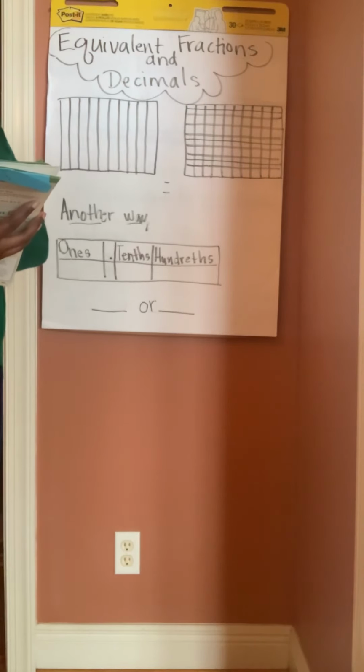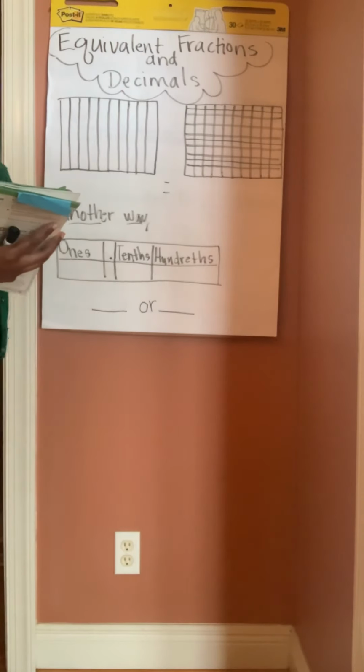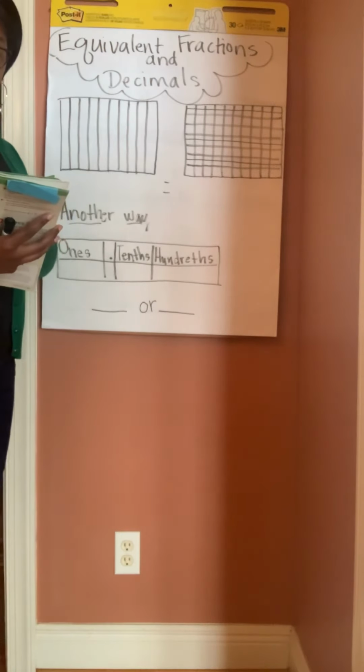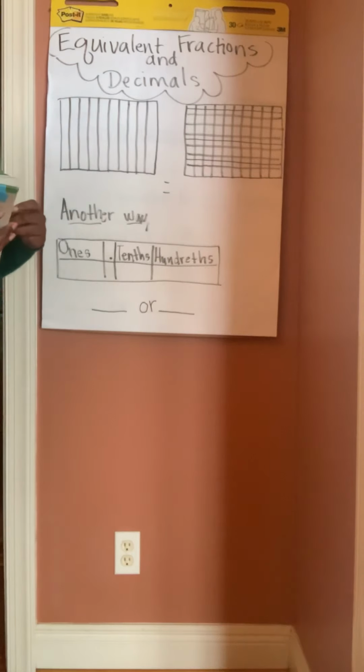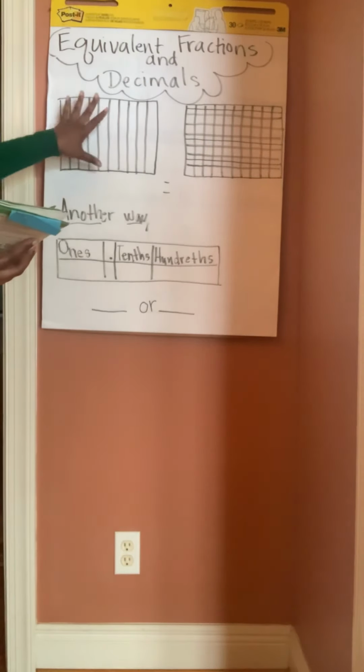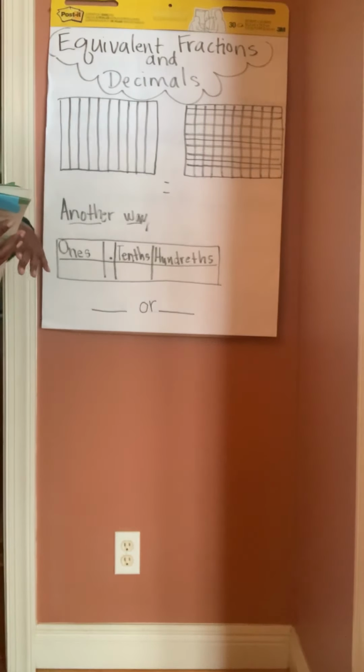We're going to figure out how we can represent hundredths from the tenths. Okay? So one way is to write 6/10 as an equivalent fraction with a denominator of 100. These models are also represented in your book on page 351.